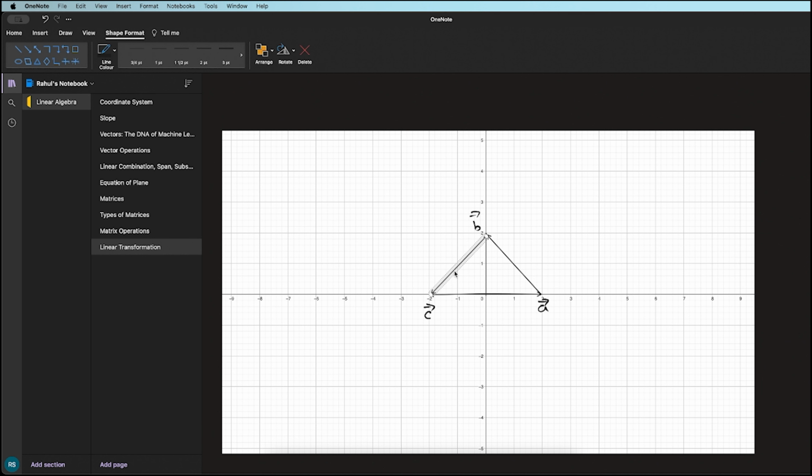By joining them, it forms the shape of a triangle.